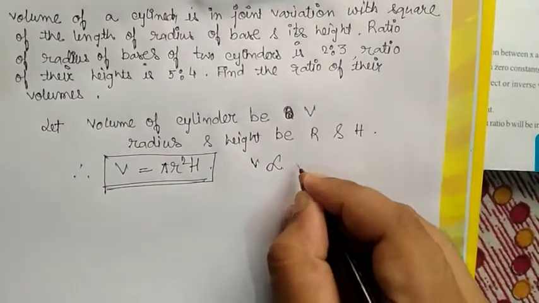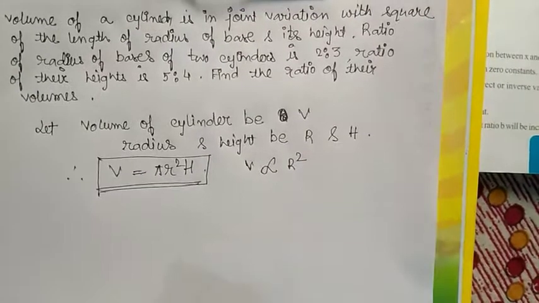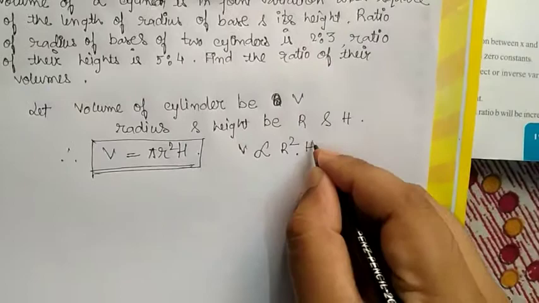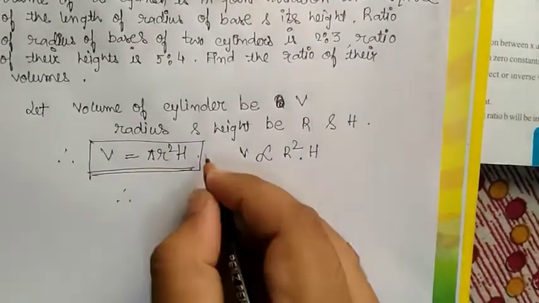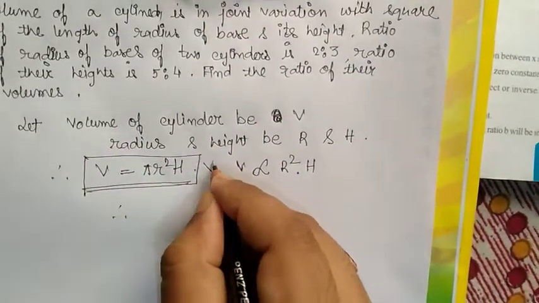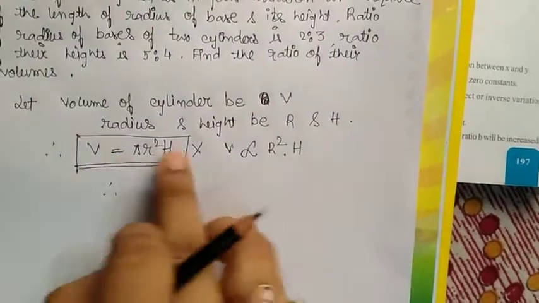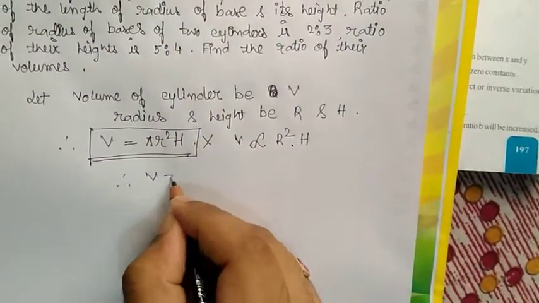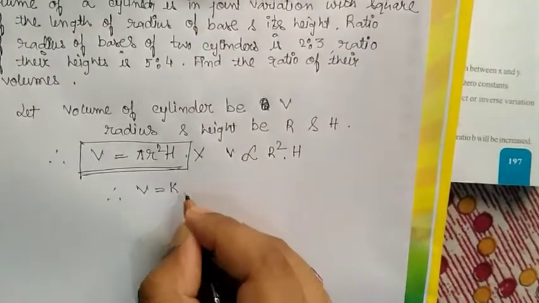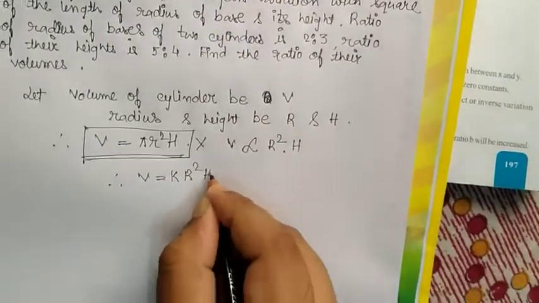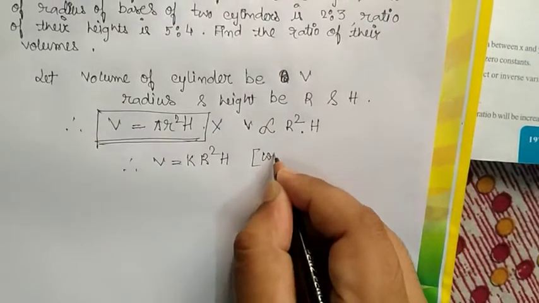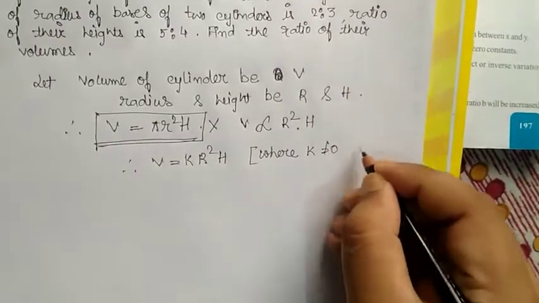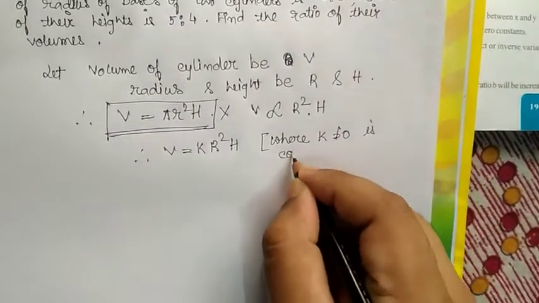Radius is r, so square means r square, and its height should be h. So therefore we can write V equal to K R square H, where K not equal to 0 and K is the constant of variation.